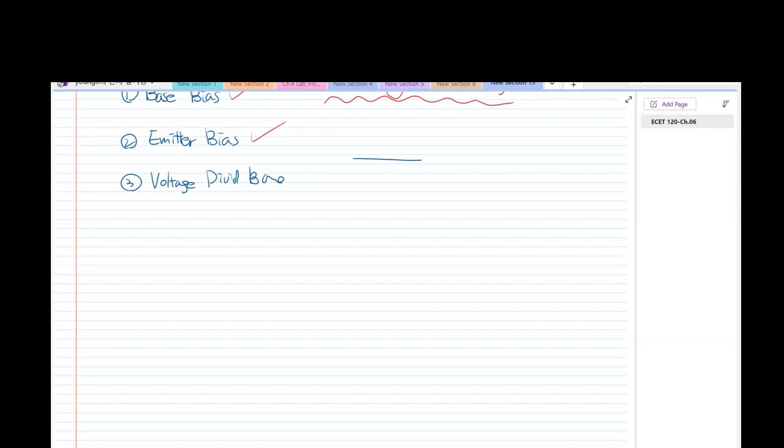Okay, so that is V sub CC, and that is R sub C here for the collector. And that is R sub E here, the resistor for the emitter.